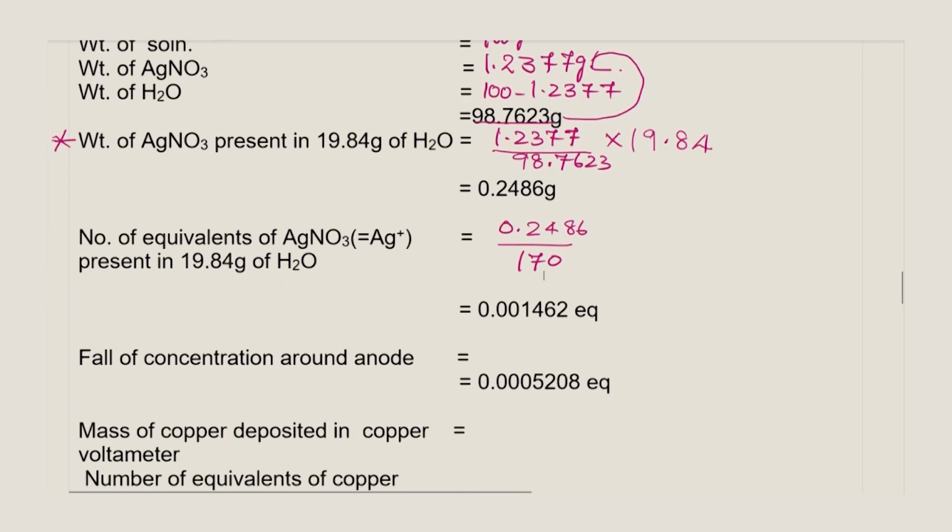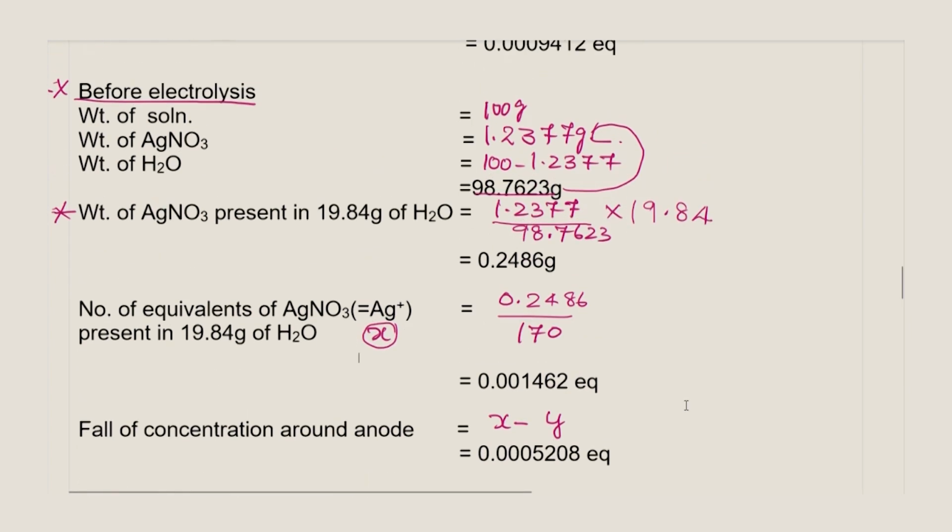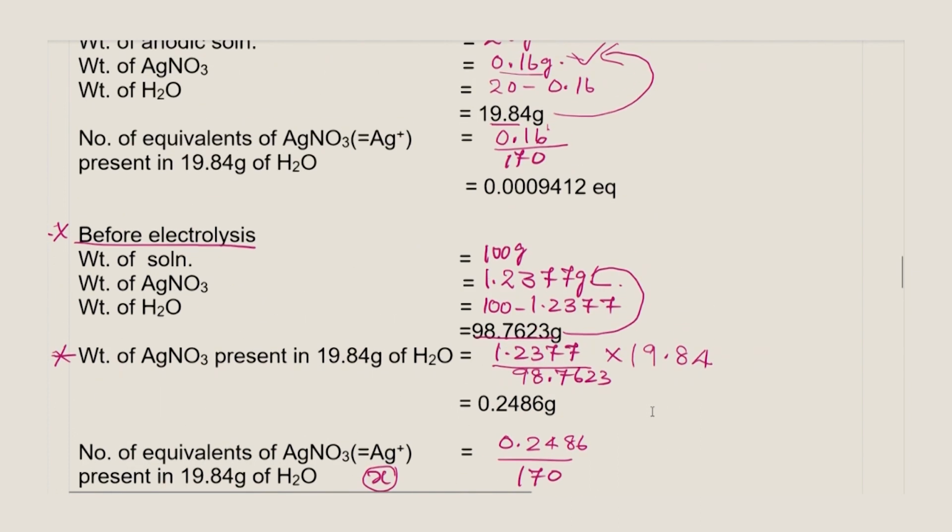Now, fall in concentration around anode can be calculated by x minus y, that is what we have been using in the formula. What is x? That is before electrolysis, number of equivalents, this is x, and number of silver ions present after electrolysis, this is y.